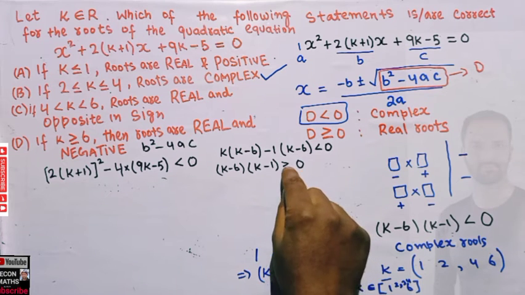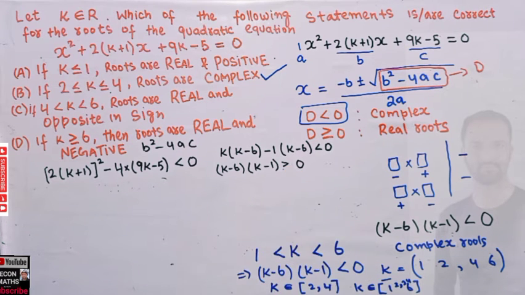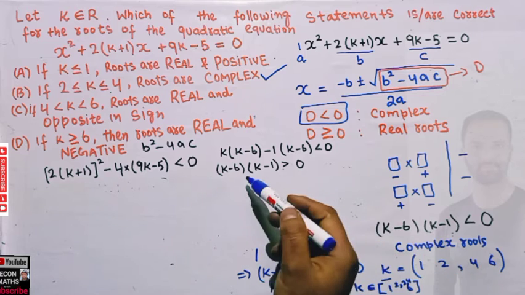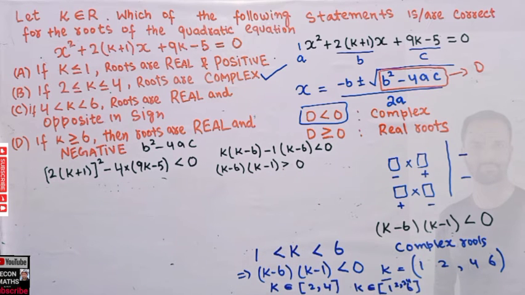Now let's solve it first only for greater than 0, and then we will solve it for equal to 0. Now (k minus 6)(k minus 1) should be greater than 0.